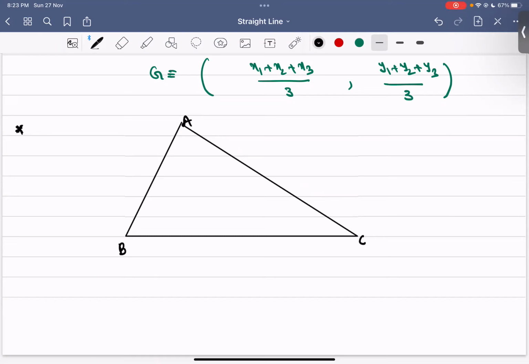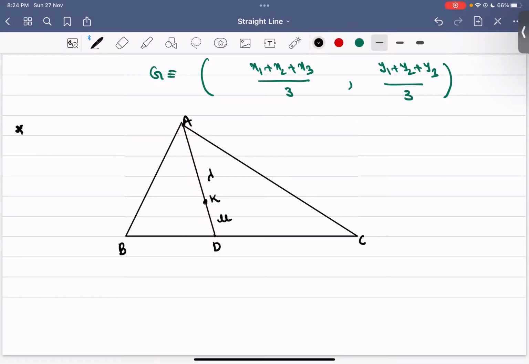Now suppose this point is D. Suppose this is some point K. This K divides AD in the ratio lambda is to nu. So here I am not giving any name to this AD, just AD only.